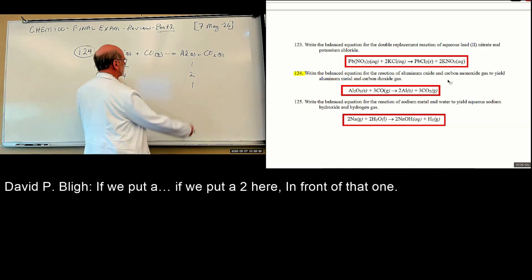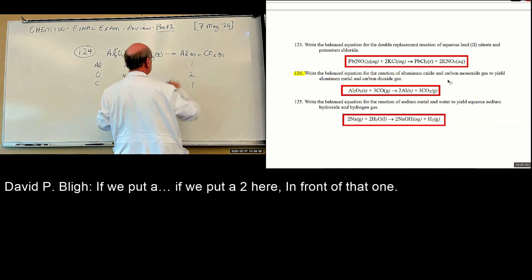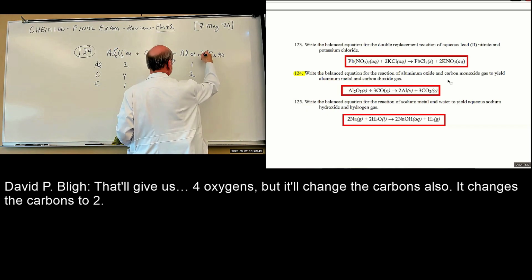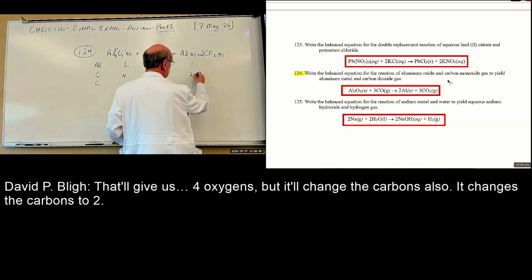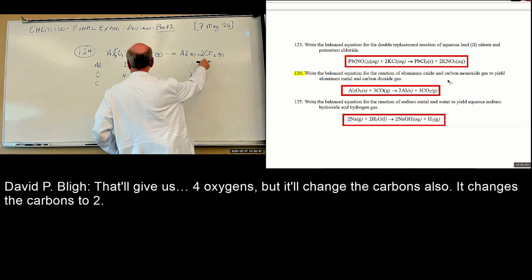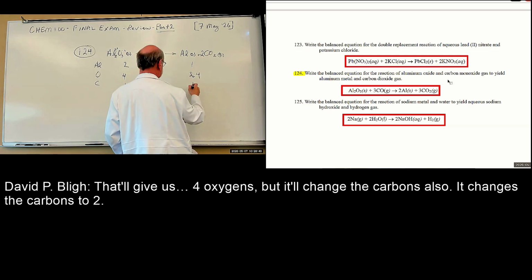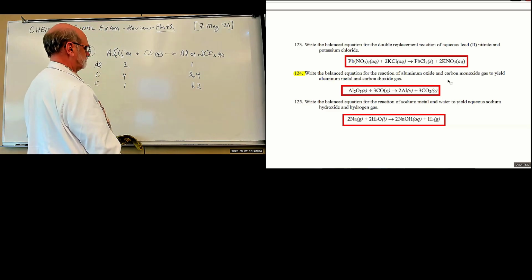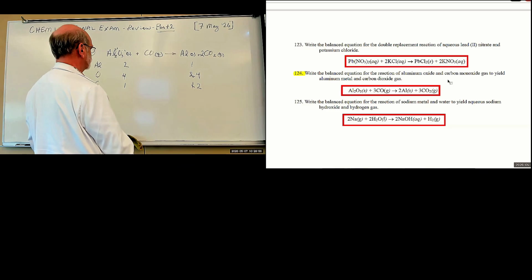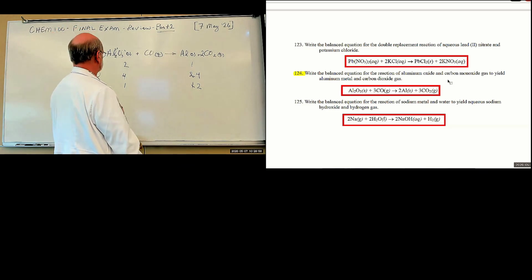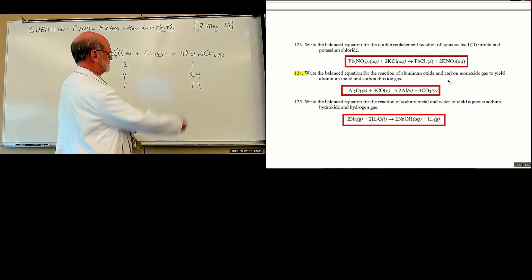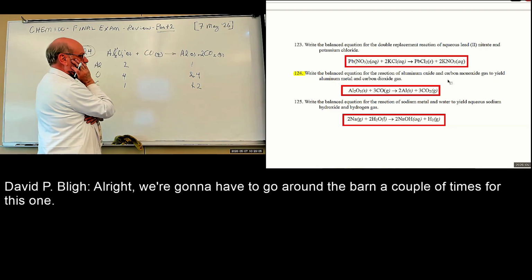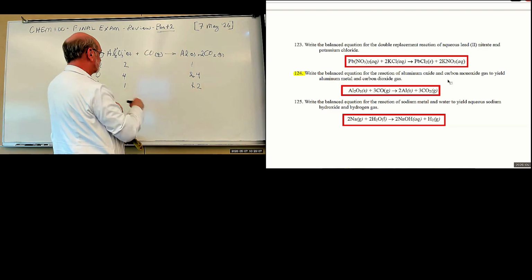If we put a 2 here in front of that one, right? That'll give us 4 oxygens, but it'll change the carbons also. It changes the carbons to 2. All right, we're going to have to go around the barn a couple of times for this one.